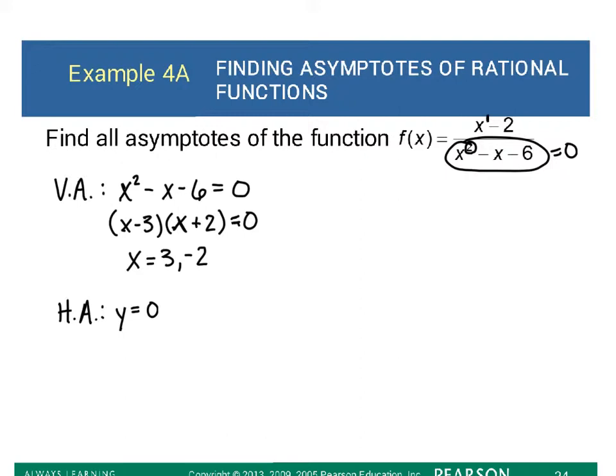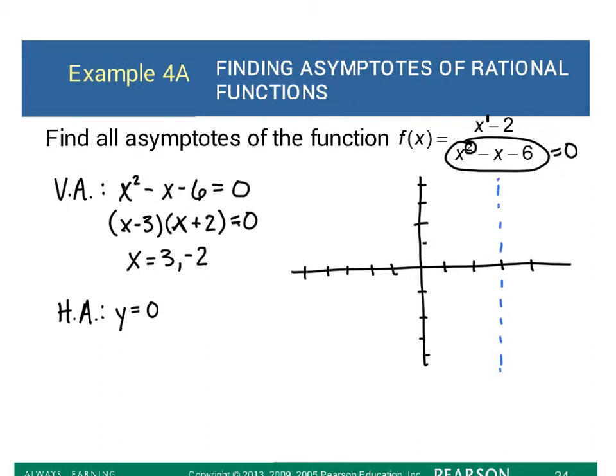Okay, so let's plot this on a graph. Alright, so vertical asymptotes, let's plot those at 3 and negative 2.